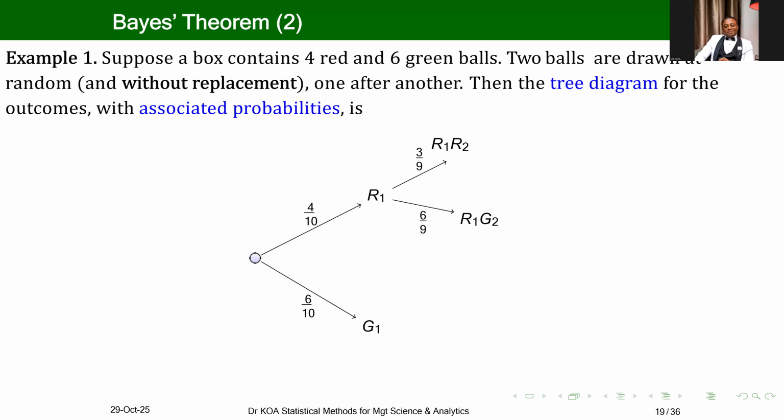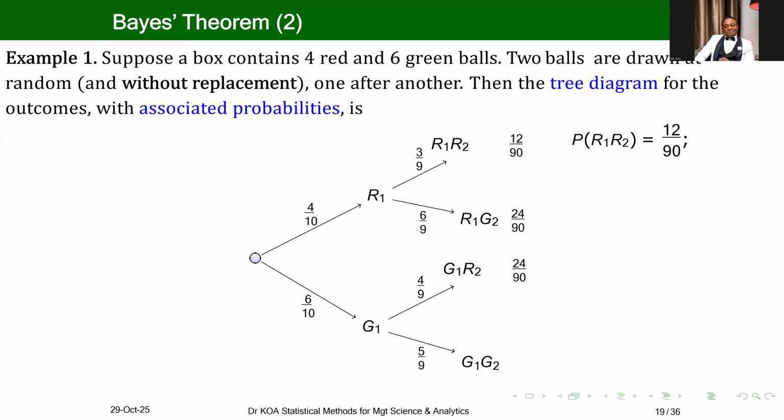Very good. So when you take the 4 over 9 and take it from the original probability, you can multiply and get the ending probabilities for each one of them. You can get the probability of R1, R2, the probability of R2, G2, G1, R2, then finally G1, G2.